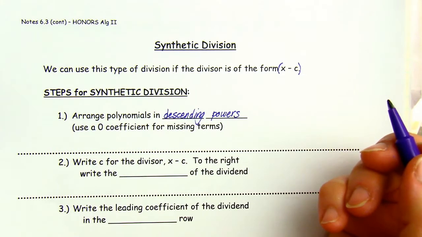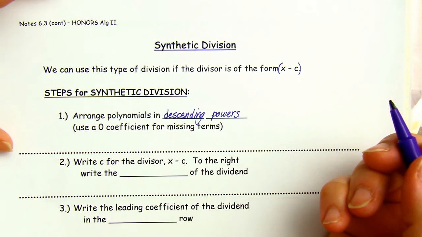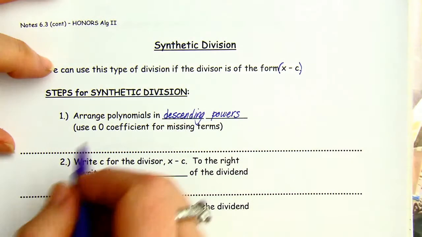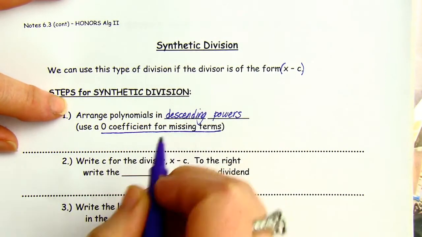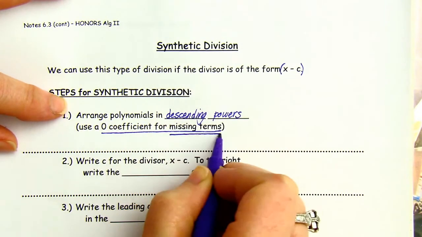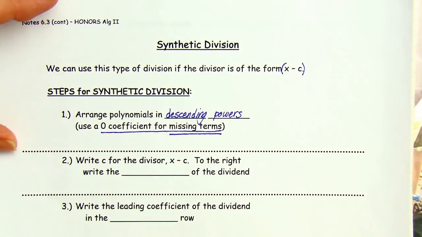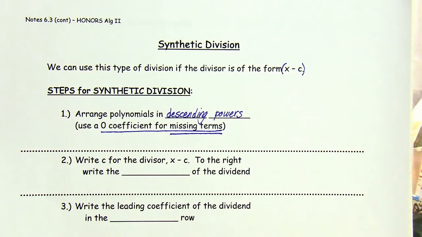So you now arrange those polynomials in descending powers. Use a 0 coefficient for missing terms. This is important. Just like we use the 0 coefficient for missing terms with long division, it is essential that we use it for synthetic division as well.